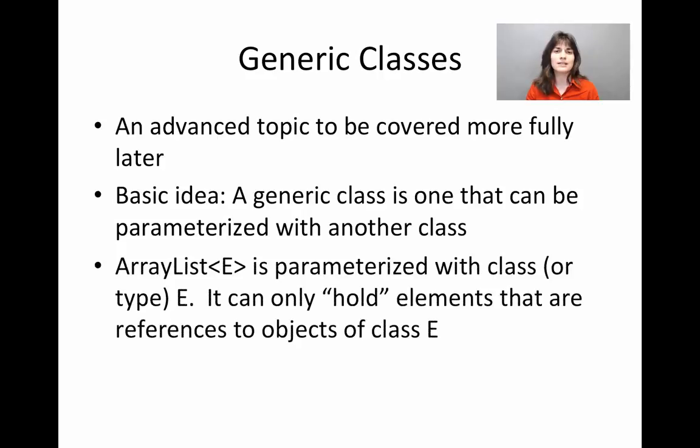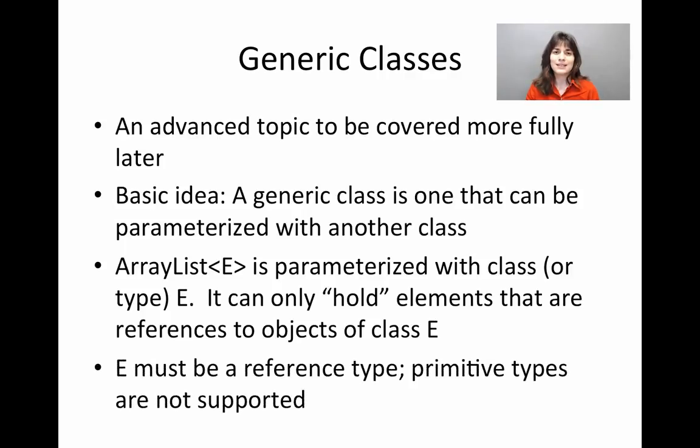In this particular instance, the ArrayList<E> is parameterized with the type E. That means that the ArrayList can only hold elements that are references to objects of type E. E must be a reference type. This is a constraint for the ArrayList. It cannot be a primitive type.